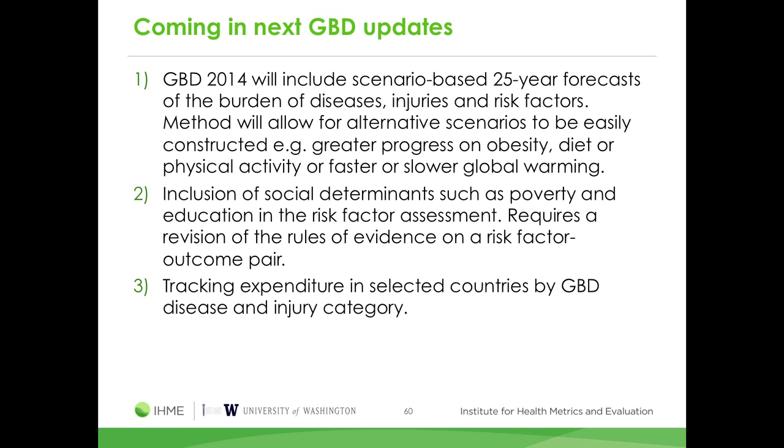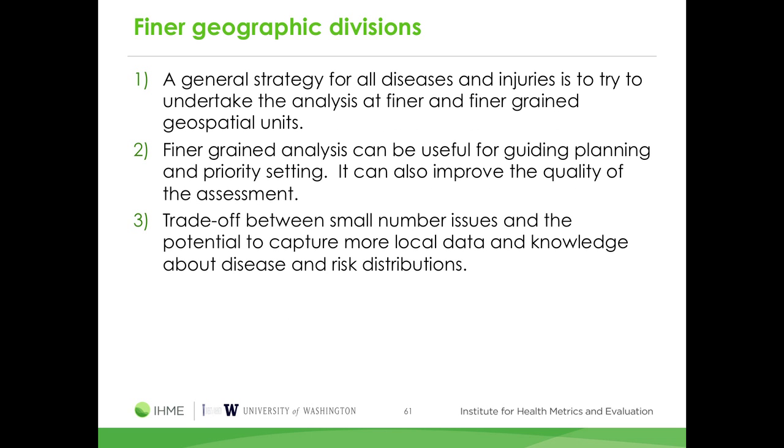Third is the strategy where, again with funding from the Bill and Melinda Gates Foundation, we are progressively trying to add where money goes, by the same disease and injury categories as are in the GBD. I think the other general strategy for the GBD, now looking 5 years out, is to progress to the point where no unit of analysis is bigger than 1 million people.